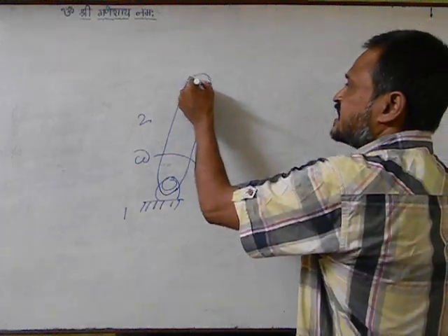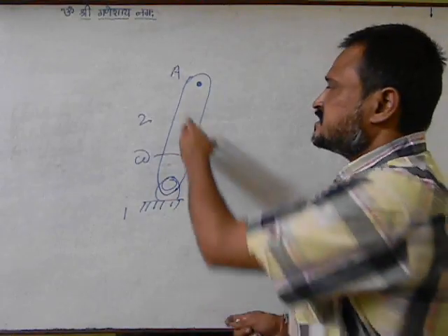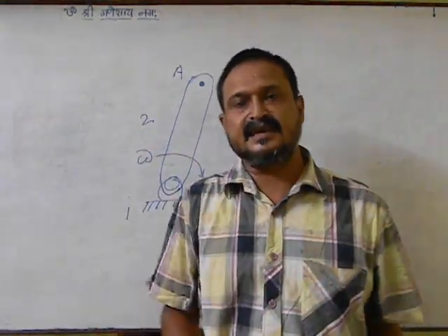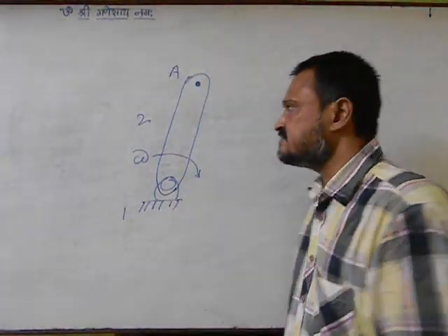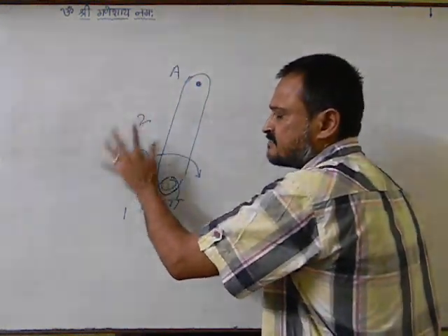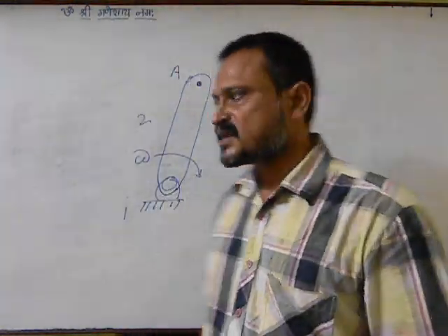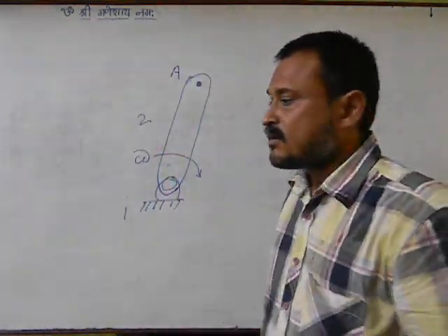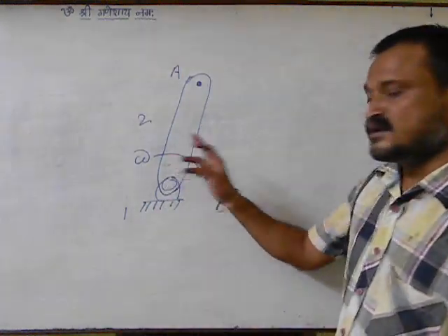Now I name this end A. If this link 2 has, let us say right now, constant pure rotary motion, we can very well say that every particle on this link 2 is moving with the same angular velocity, omega.